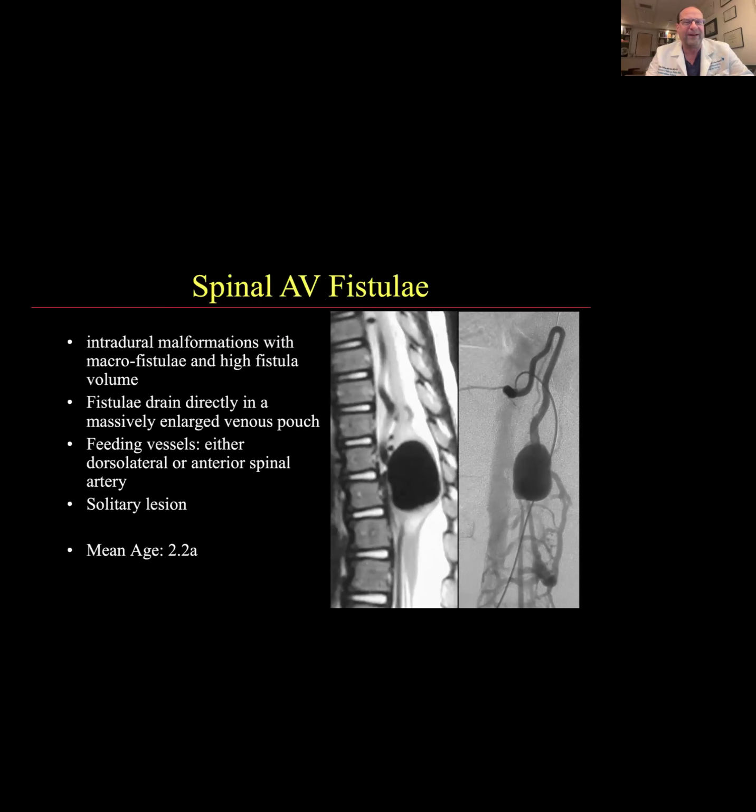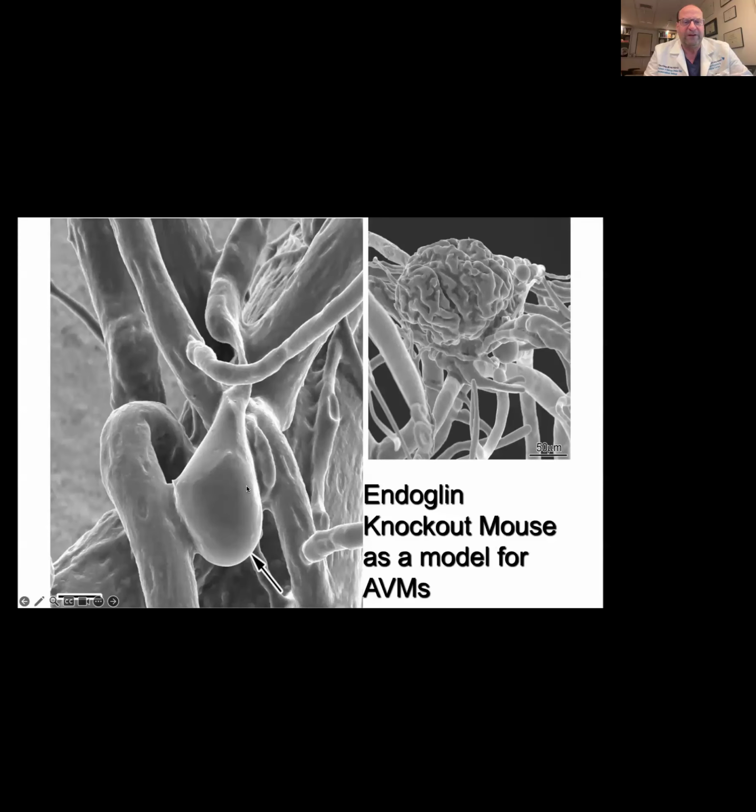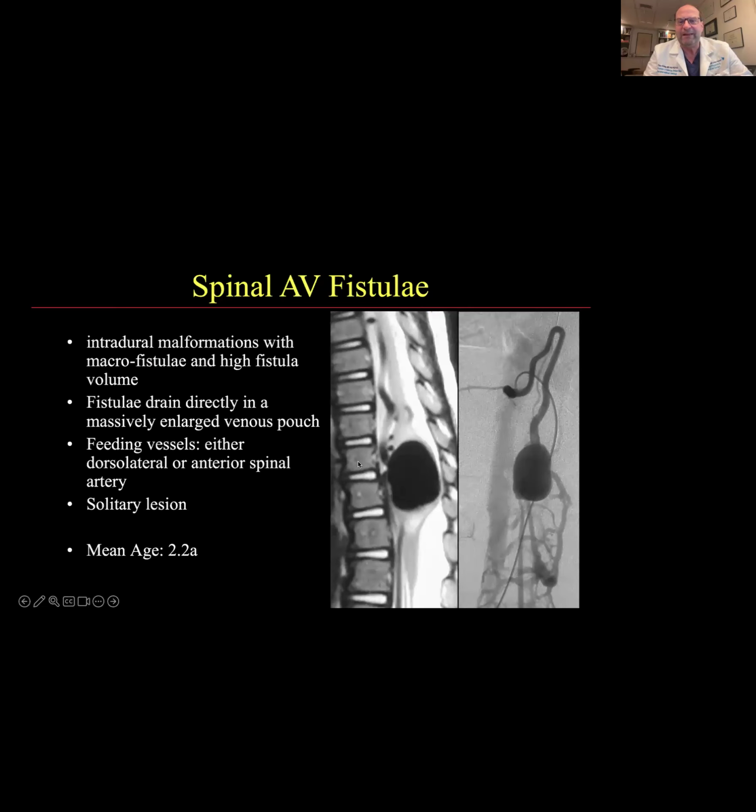We will talk mainly about the brain ones today, but I first want to mention that there are spinal arteriovenous fistulae. And these arteriovenous fistulae are very similar to this arteriovenous fistula in the knockout mouse, meaning that a single dilated artery is hooking up to a dilated vein that can then either burst and make a catastrophic hemorrhage, or it can displace the cord and therefore lead to problems of signal transduction from your brain to your muscles.